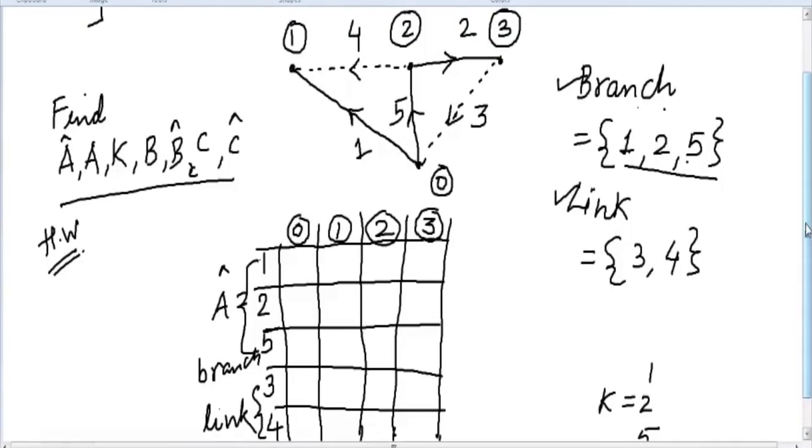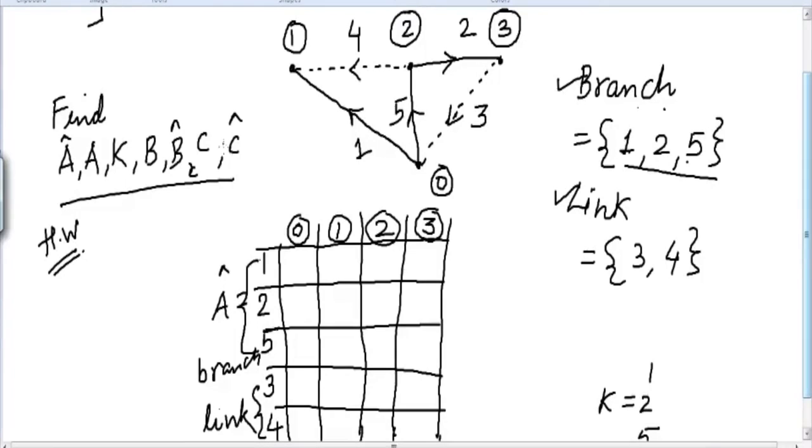Otherwise, if the branch and link were not provided, then it would be our choice to take the branch and link according to our wish. But in the problem itself, it is given which element is to be taken as branch and which as link.